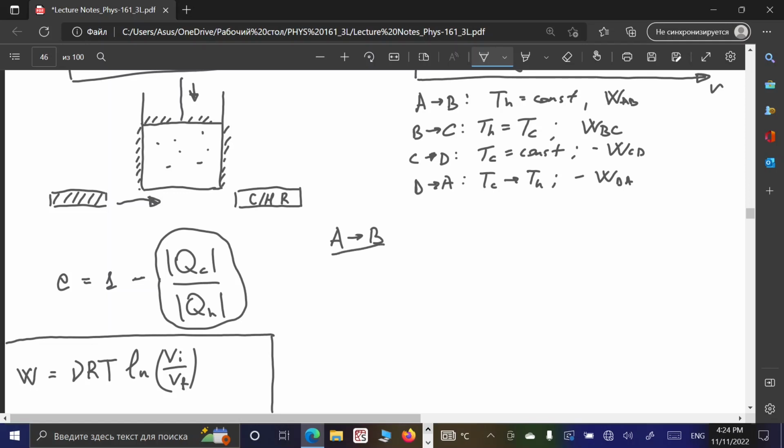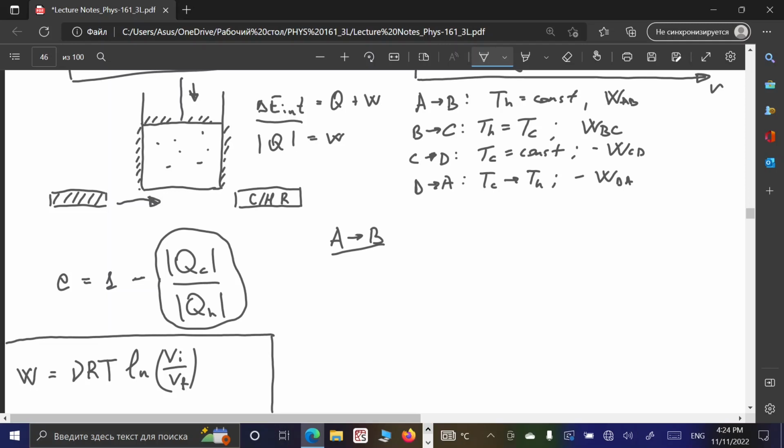Work done during this isothermal process is done by the system on the external environment. So we kind of flip it over. And of course, initially we can highlight that the change of internal energy, according to the first law of thermodynamics, will be equal to Q plus W, and then we can write that the absolute value of heat will be equal to the work done by the system during the isothermal process, because the change of internal energy is equal to 0 for an isothermal process.